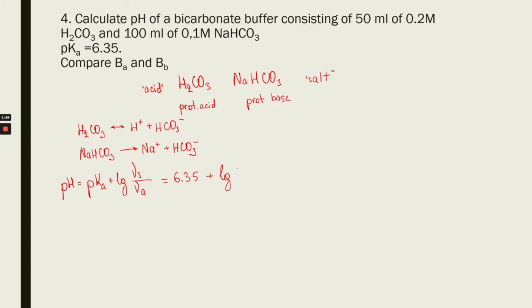So I write 100 milliliters, convert it to liters, and multiply by 0.1. And below I will write the volume of acid, it's 50 milliliters. I will convert it to liters, 10 to the power minus 3, and multiply by the concentration 0.2.